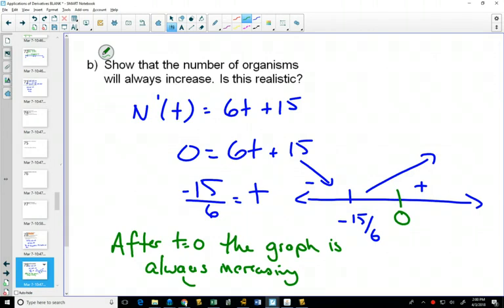Now, is this realistic? No. Why not? Because the organisms should die. Right, they could die, but why can't they die and increase some more? Because of the bacteria's carrying capacity. There's a certain point where food's going to run out, or you're going to have problems with the environment with that many organisms.